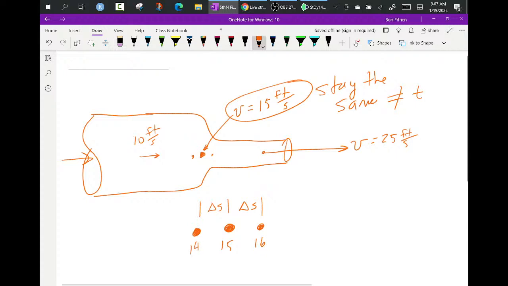Now, if you stare at this particle, if you track it, you sat on it, and you were glued to that particle, you would see it would be 14, then 15, then 16. Then, in fact, that particle does experience an acceleration equal to some sort of number. It does change its velocity with respect to time.